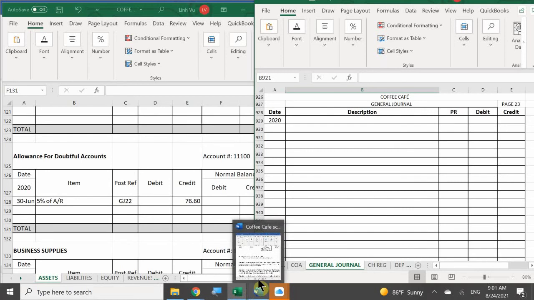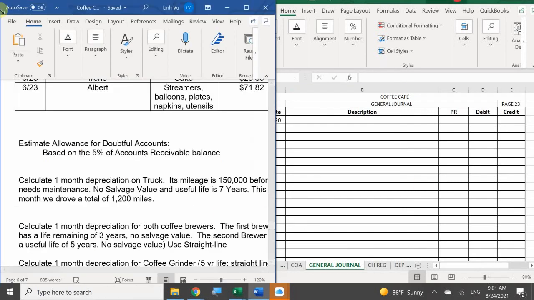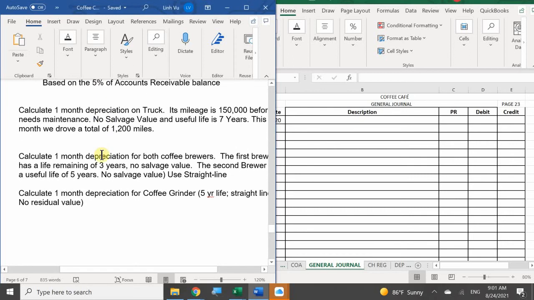Okay. And let's see what else has happened. Okay. So now that we estimated the allowance for doubtful accounts, now it says we're going to start to calculate 1 month of depreciation for the truck.